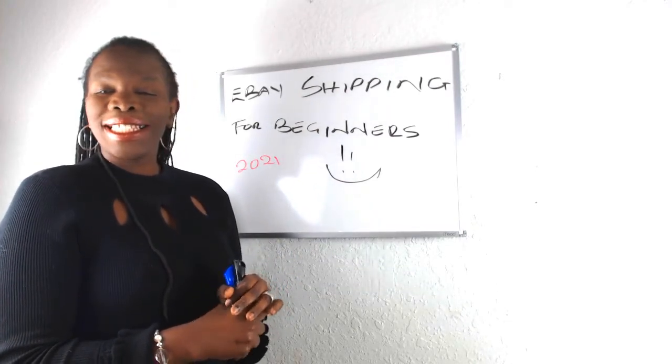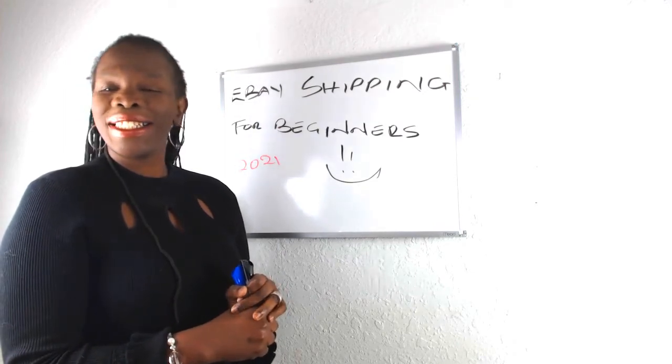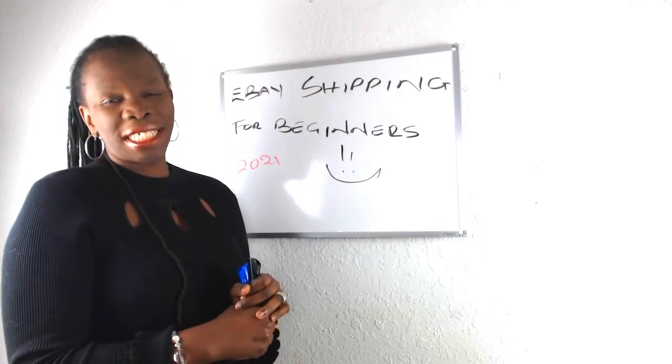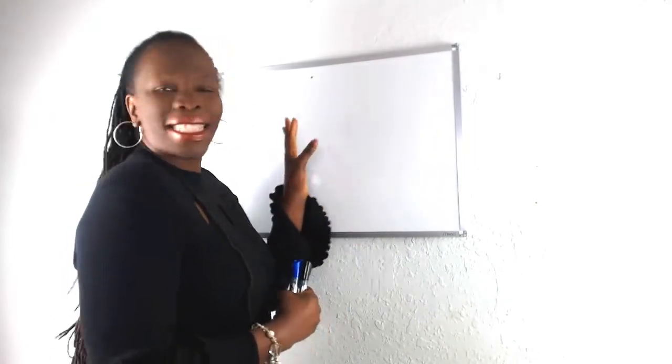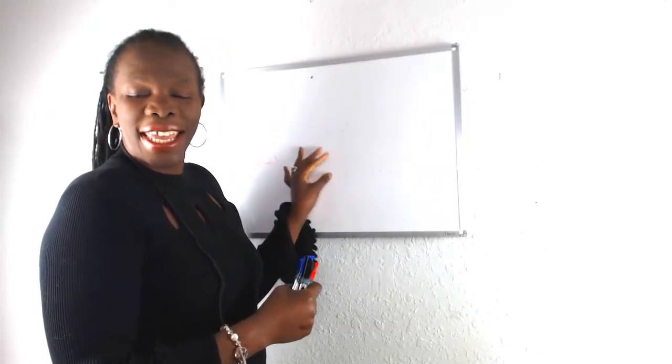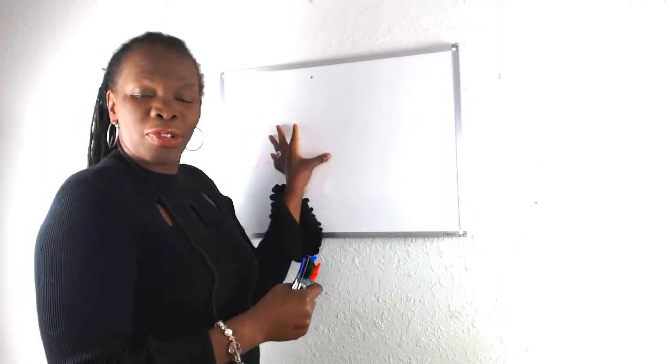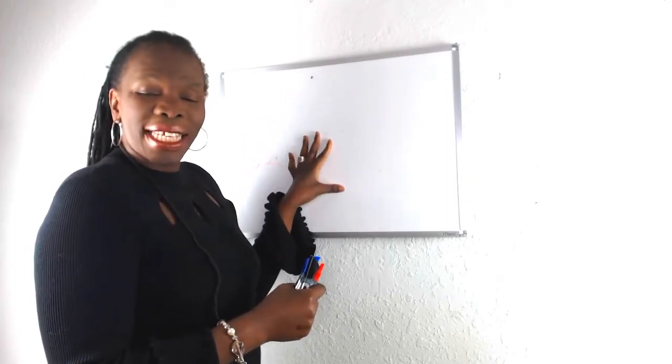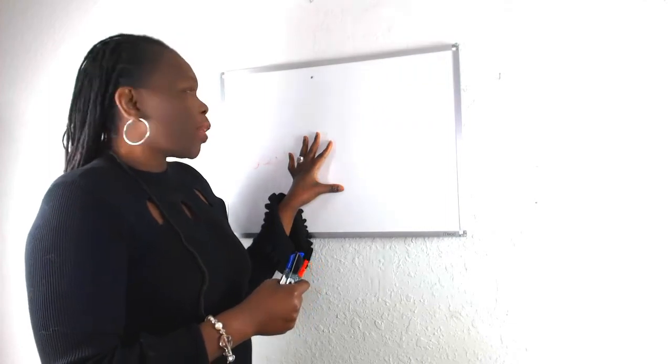If this is the type of content that you're interested in, then keep watching. As you can see, I'm going to be using this whiteboard. We are in class today, and let's try this whiteboard for the first time and see how it's going to work. I hope you can see.